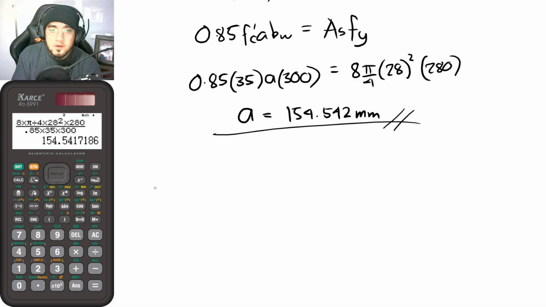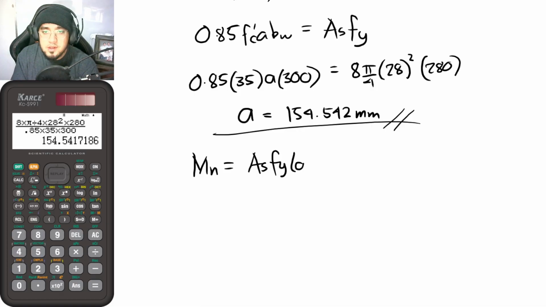Since we already know the value of A, we can now proceed with getting the nominal moment. For the nominal moment, Mn, it will be up to you which equation you will use. I will make use of As Fy times d minus a over 2. From that, As is equal to 8 times pi over 4 times 28 squared times 280 times d.